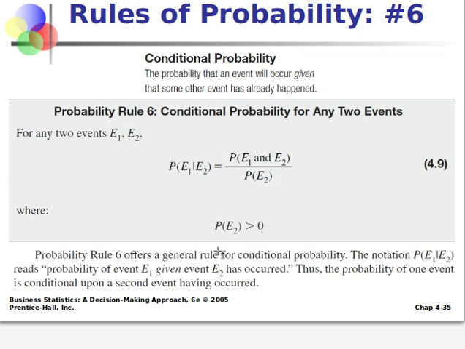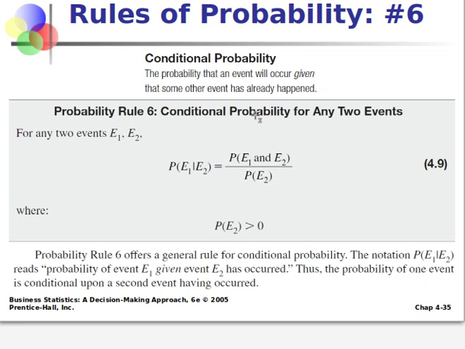Now let's continue with rule number 6. This is conditional probability. The probability that an event will occur given that some other event has already happened.